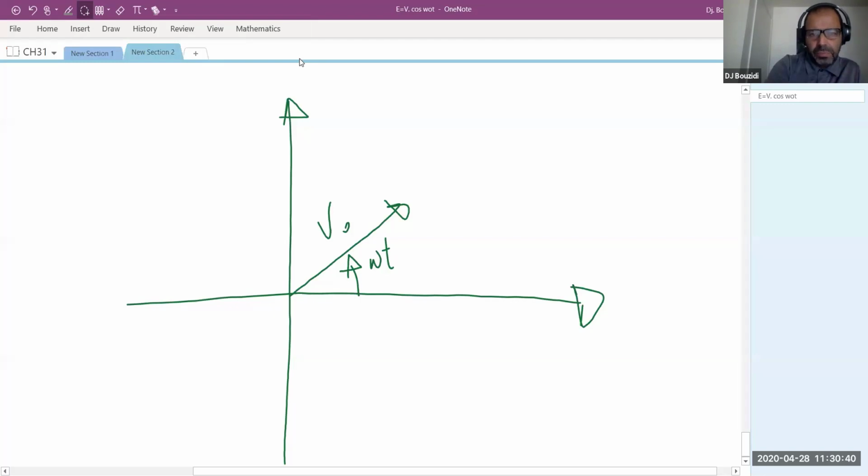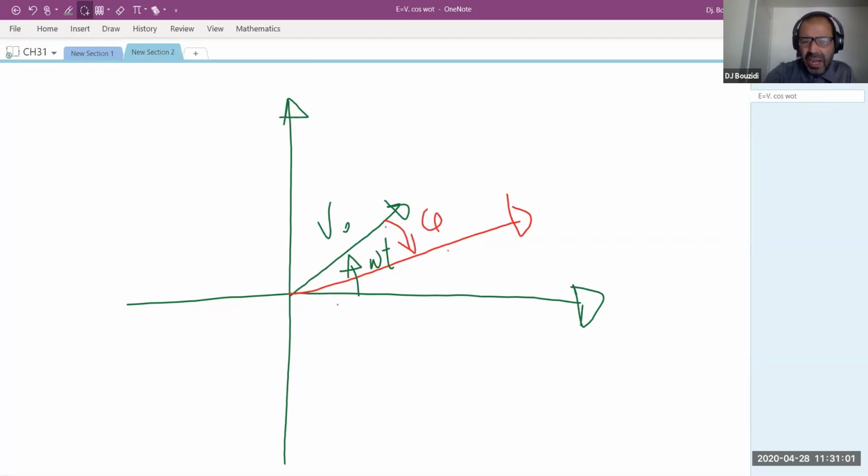So I'm going to use a different color to draw with. Let's assume that this happens to be phi, and if that's phi, this angle now is omega t minus phi.